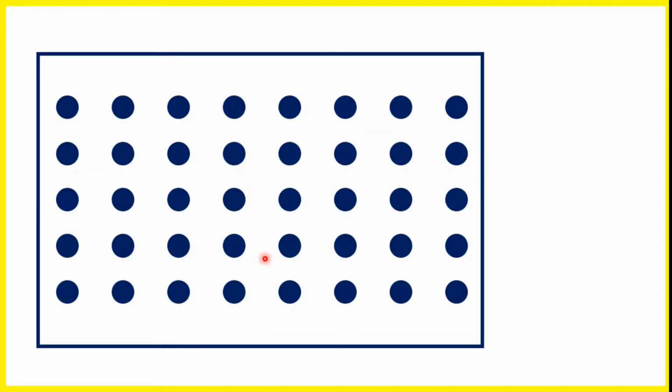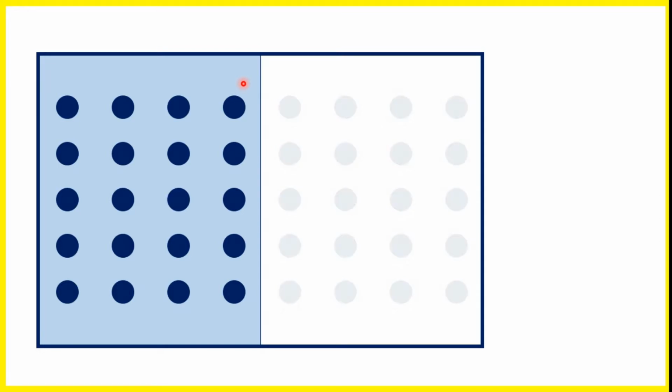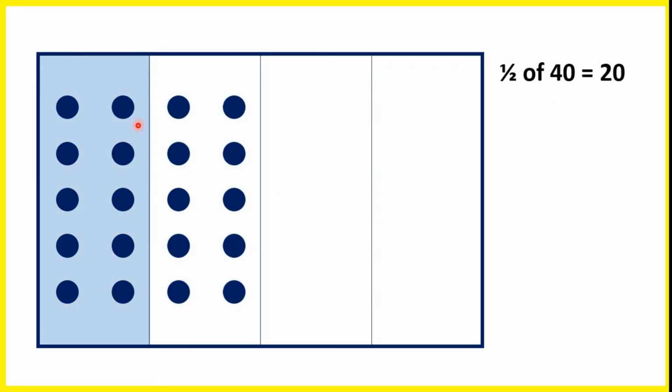So here we've got one big rectangle with 40 circles. And we can think of this rectangle as a fraction bar. So if we take half of our 40 circles, we've now got 20 circles. So half of 40 is 20. But now let's think about those 20 circles.